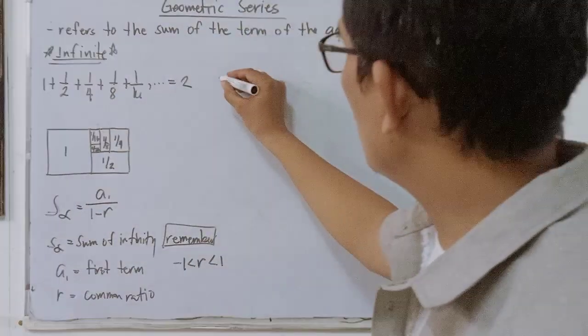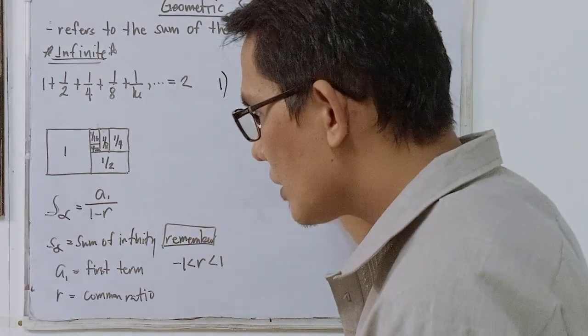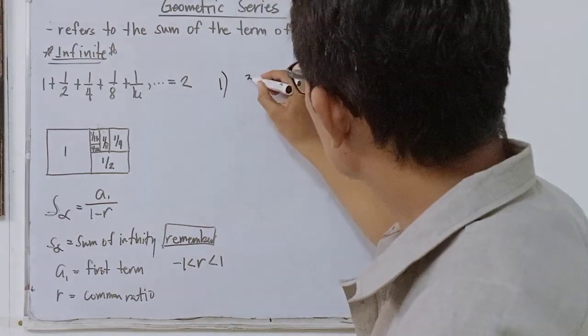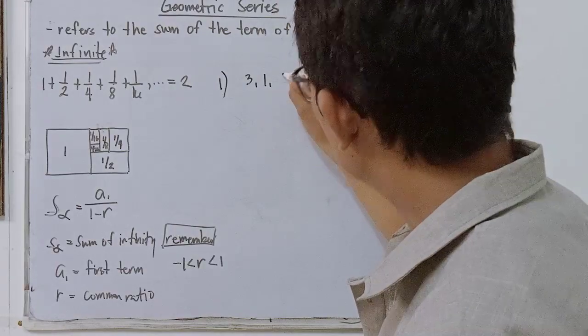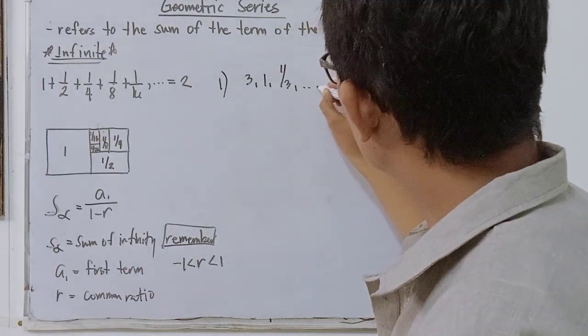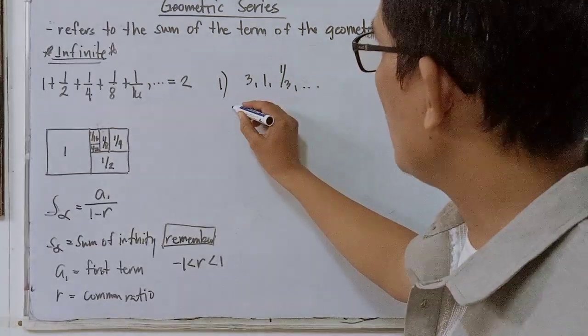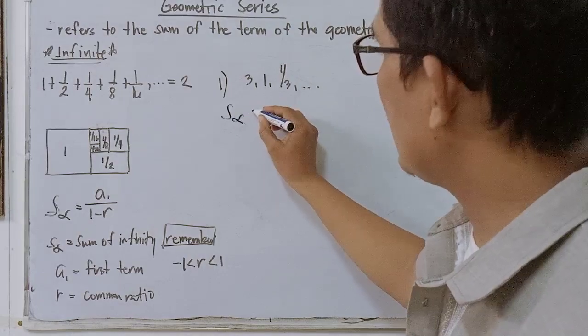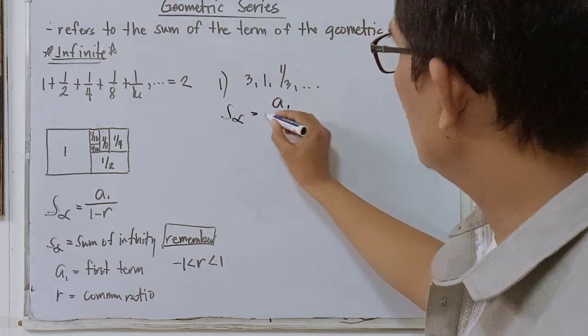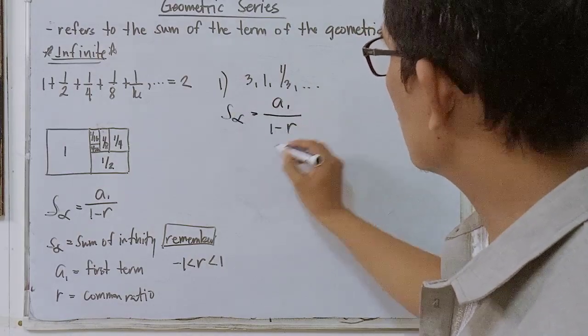So say for example, number 1: find the sum of the terms 3, 1, 1/3, and so on. So what is the sum of our infinite geometric sequence 3, 1, and 1/3? We're going to use our formula. The sum of infinity is equal to a sub 1 over 1 minus r.